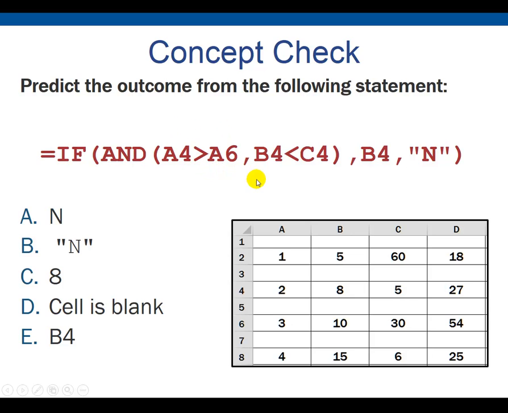Okay, it's false. So we directly go to here. N. The answer is just N, not B4. So we don't need to consider this because this one is already false. So no matter what the other is, false or true, this is false. So we have to look at N.